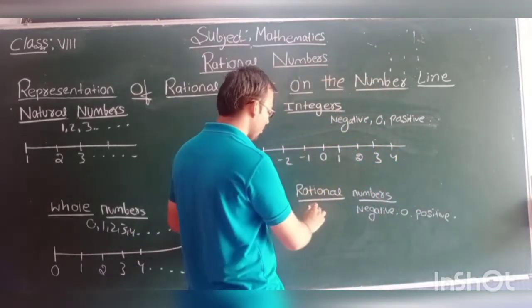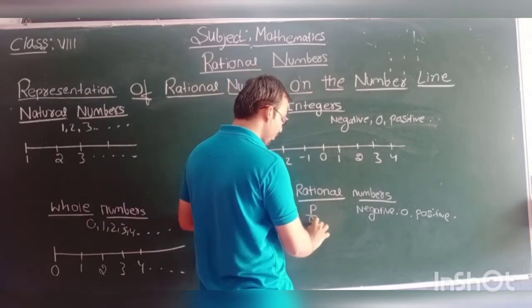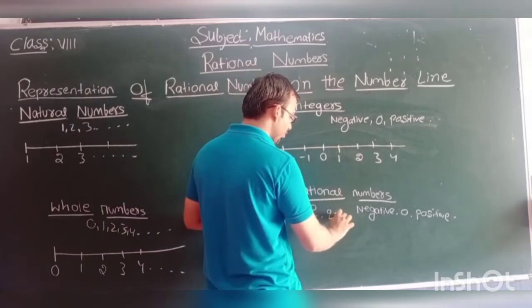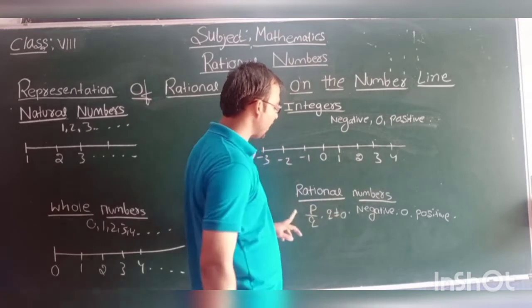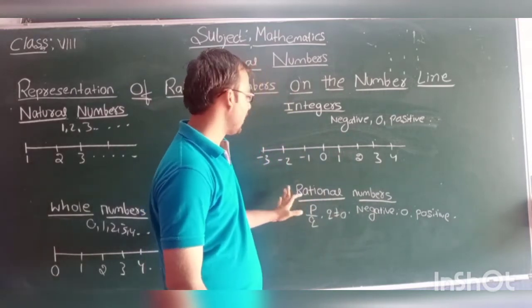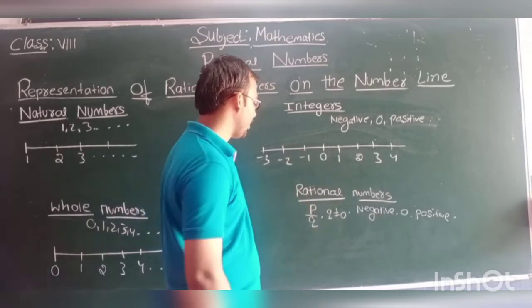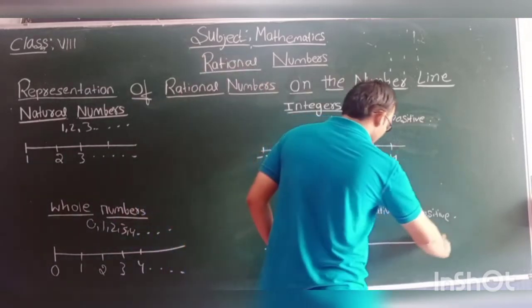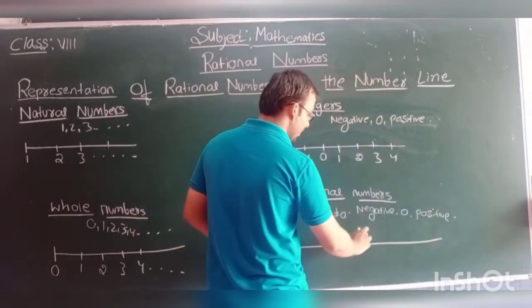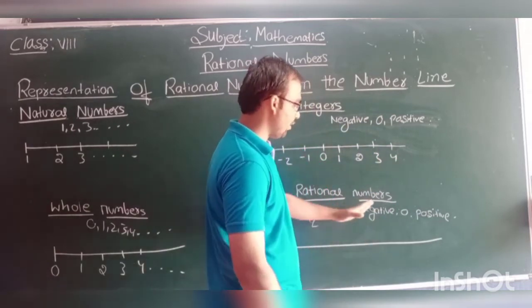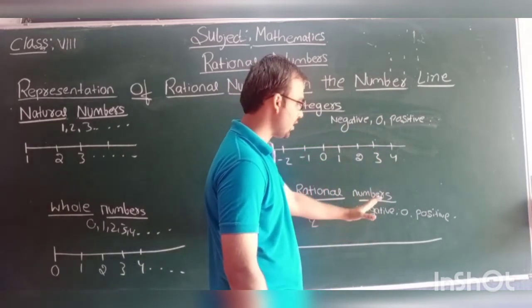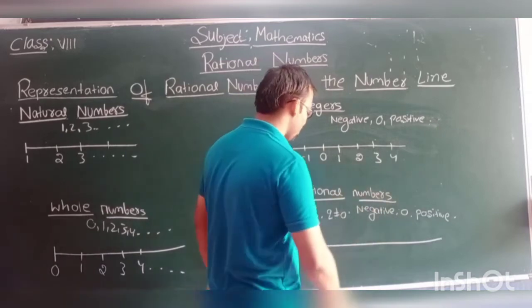Rational numbers are those which can be written in the form of p by q, where q should not be equal to 0. So on the number line of rational numbers, what does it consist of? It consists of negative numbers, 0 and positive numbers.